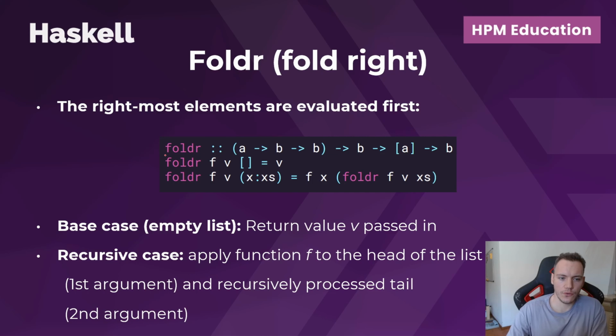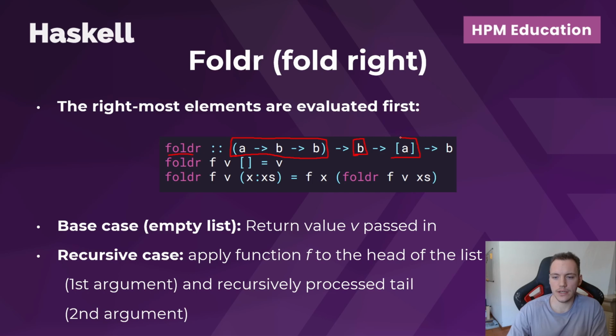So foldr, the definition of this function, can be defined as such. Our type signature is a function that takes in arguments of type A and B and gives back the result B. This is our combining function. B is our second argument to the function, type B, and it is our starting value.